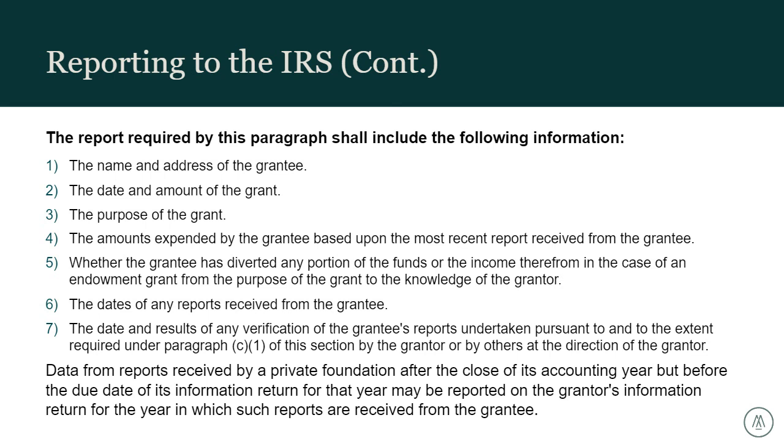Typically it's the date, and please know if you give a grant in 2022 and you don't receive the report till the following year from the grantee, and you may still be working on that 990-PF that might not have been finalized and filed, you're not actually required to include that grant report from the following year. You could wait till the next year. Although, of course, if you have that information, you could include it.